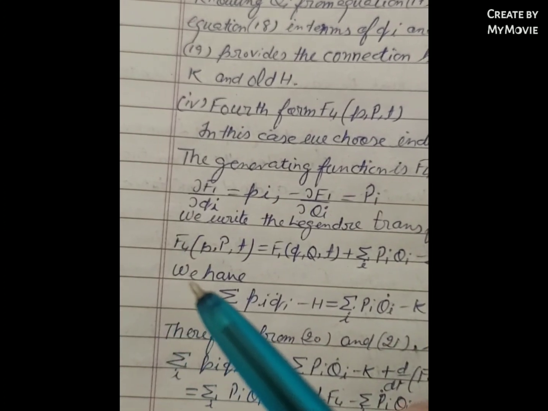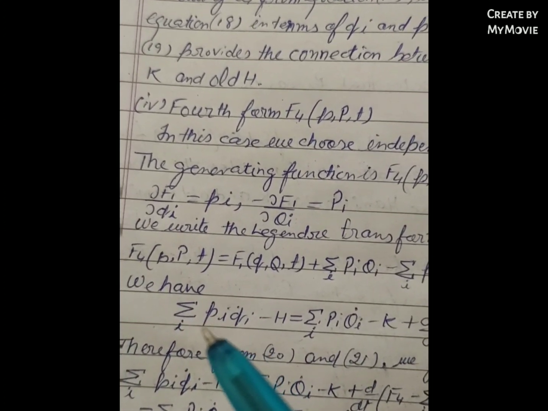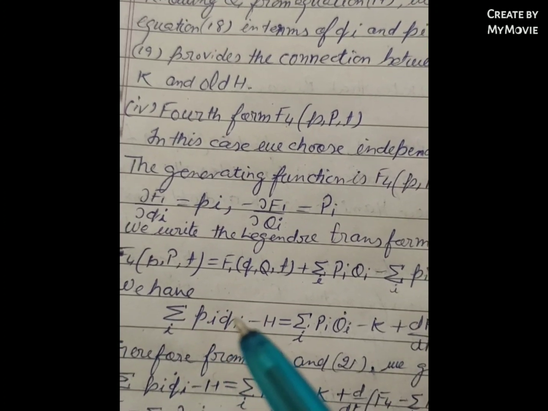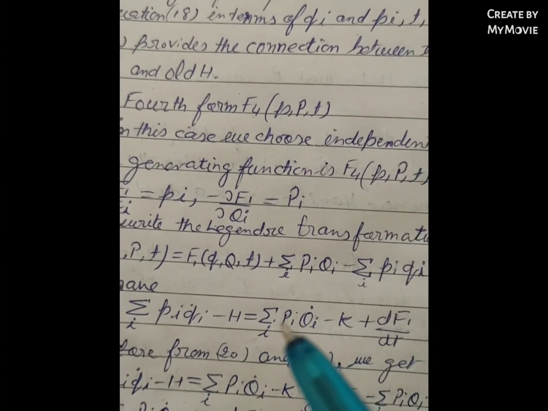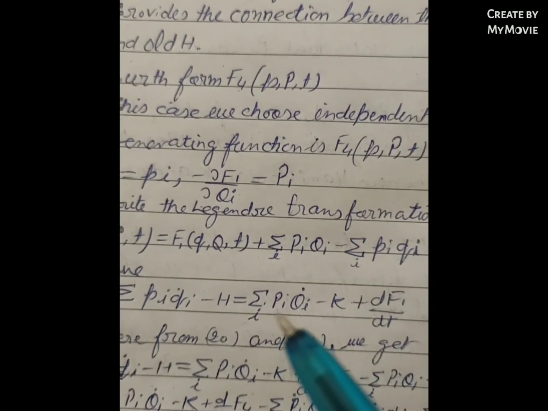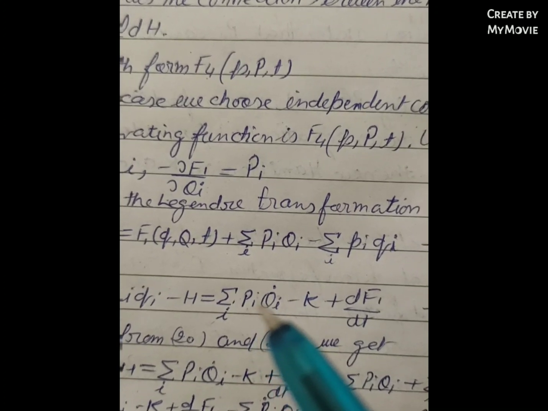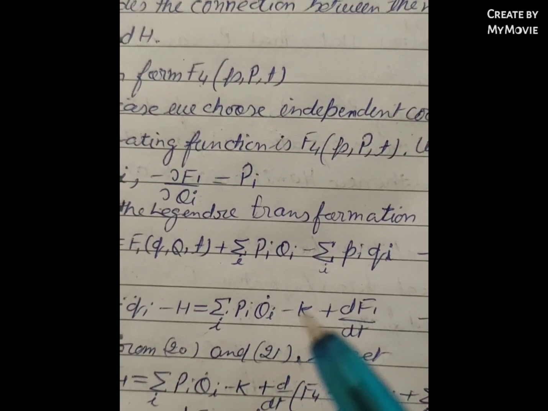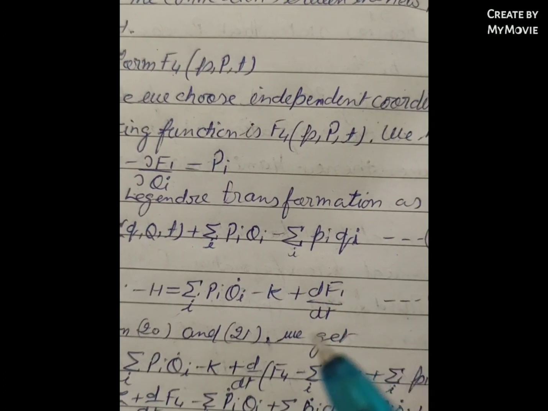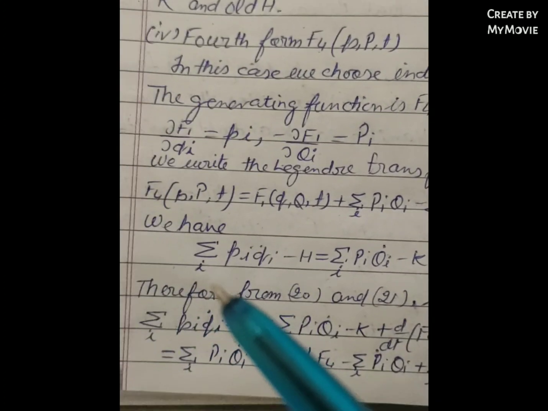We have sigma i pi qi dot minus H is equal to sigma i Pi Qi dot minus K plus dF1 over dt. This is equation 21.